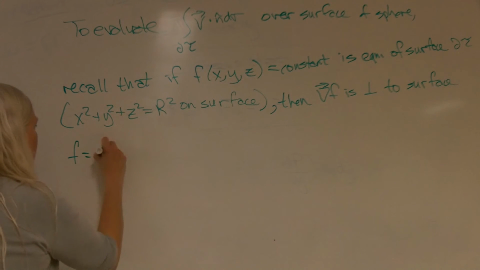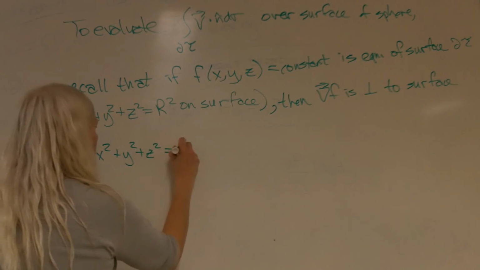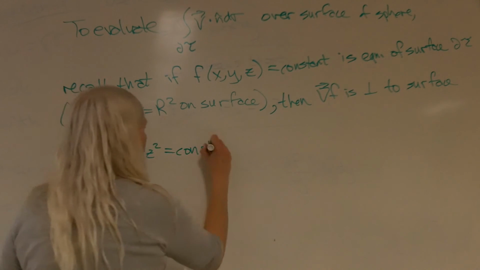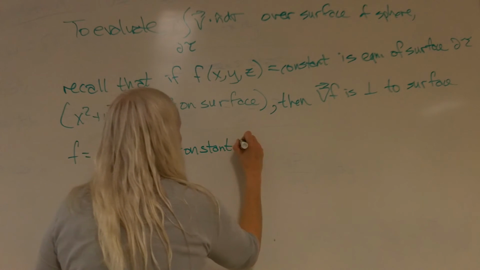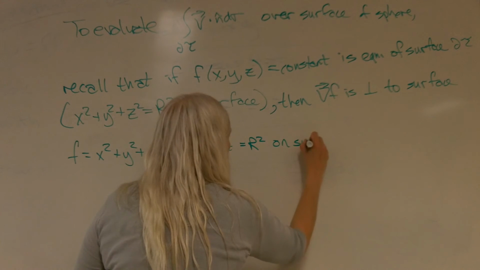So in our case, think of f as x squared plus y squared plus z squared. Again, this is a constant, namely R squared, on the surface.